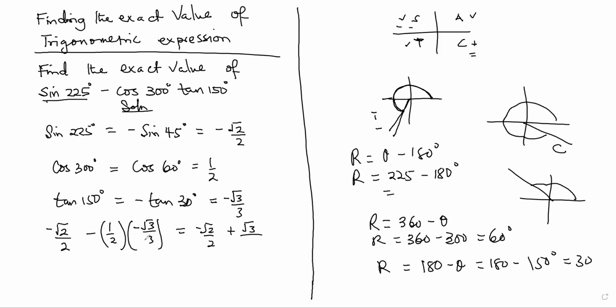The negative times positive is negative. So I'm going to have 2 times 3, which is 6. If you look at it, the LCM is 6, and 2 into 6 is 3. 3 times minus root 2 is minus 3 root 2, plus 6 into 6 is 1, 1 times root 3 is root 3.